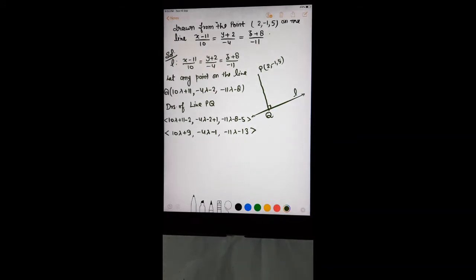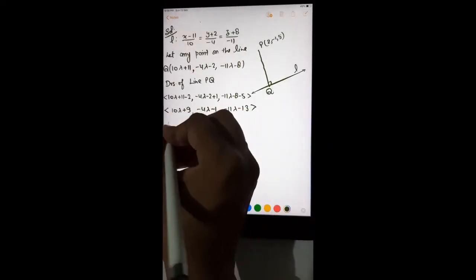Now from the figure you can observe that PQ is perpendicular to the given line.